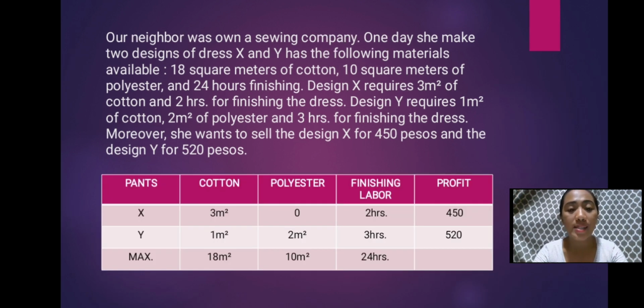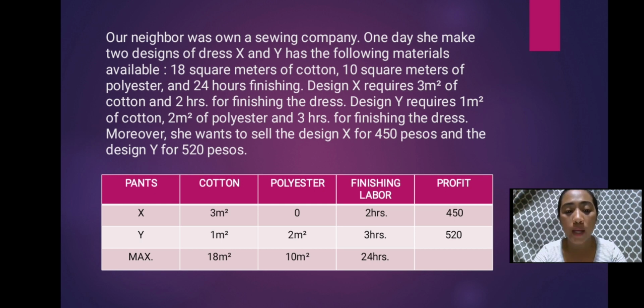So we have dress, cotton, polyester, finishing labor, and profit. For X, we have 3 square meters of cotton, 0 for polyester, 2 hours of finishing labor, and a profit of 450 pesos.